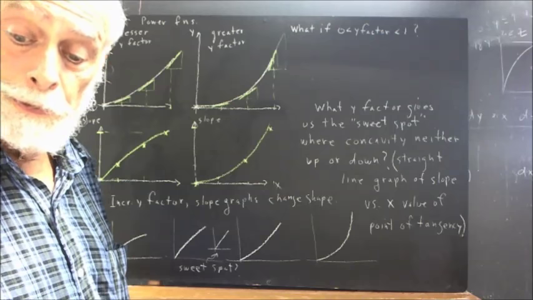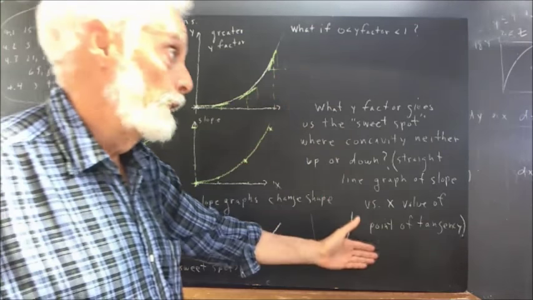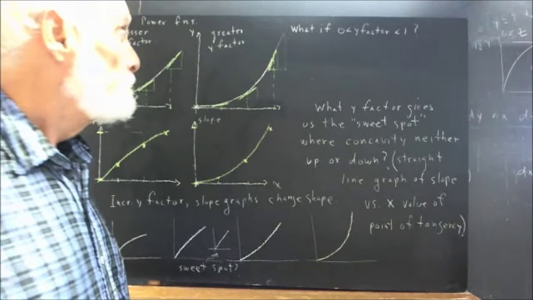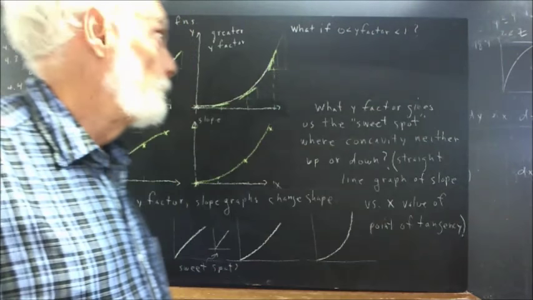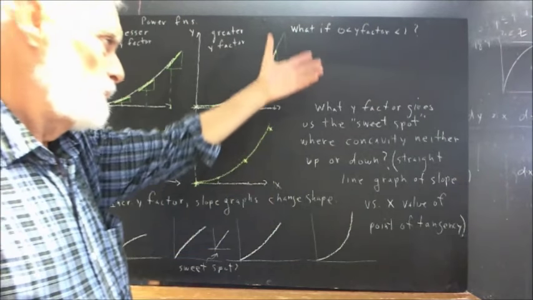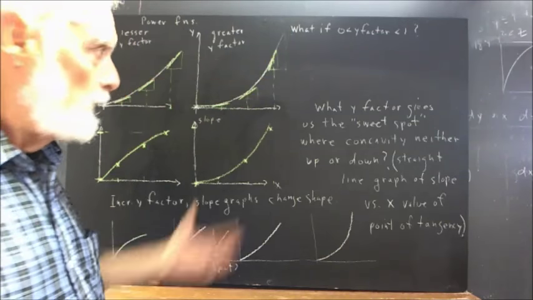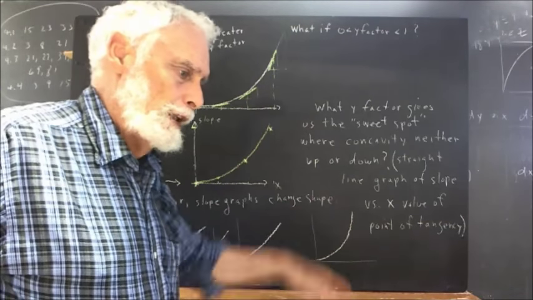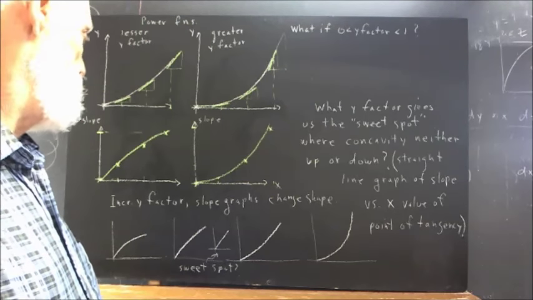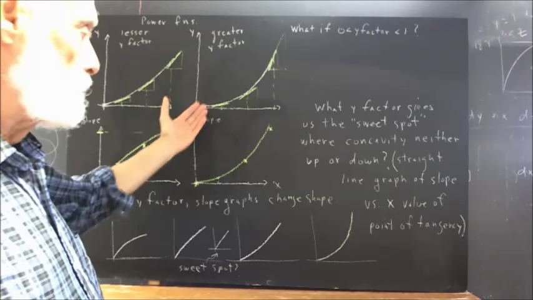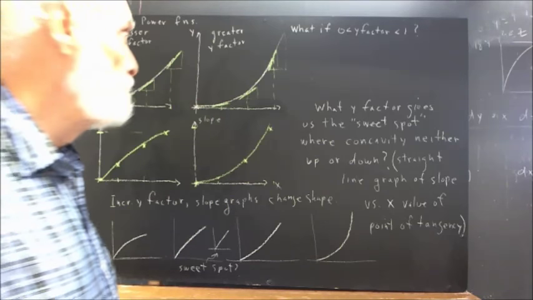You're not probably in a position now, but I wanted to raise the question. It's an important question. And then there's a question, what if 0 is less than a y factor less than 1? So, you know, how do the graphs behave then? And what can you say about concavity and so forth? And you know, what do the graphs of slope versus point of tangency tell you?